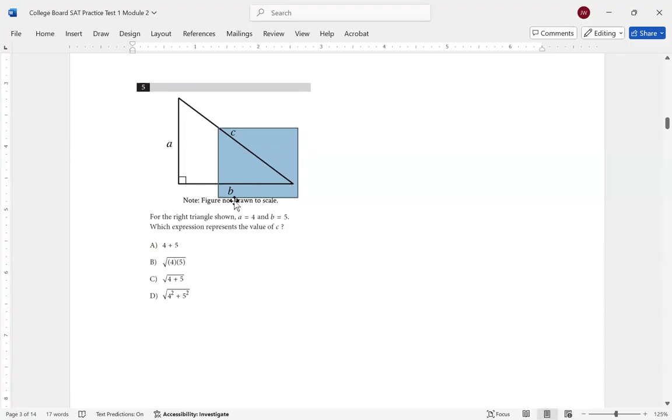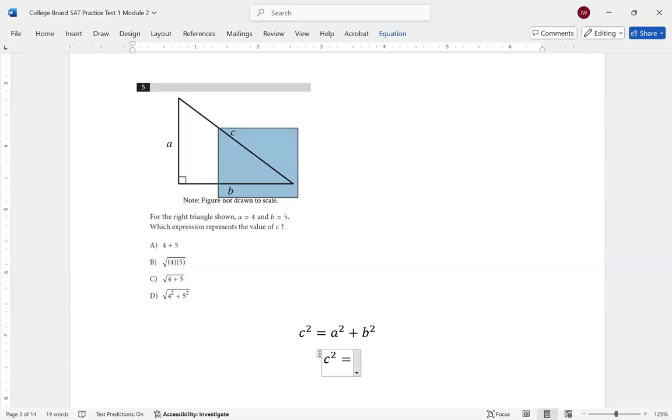A and B are the legs of a right triangle. And one of the formulas that was in our reference formulas for the test is the Pythagorean theorem, which says C squared is equal to A squared plus B squared. And so if we're trying to find C, we could find C squared first.